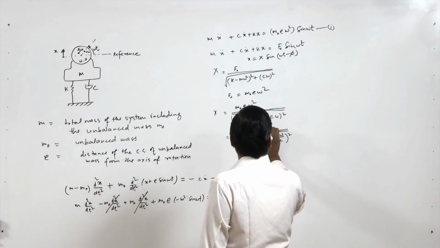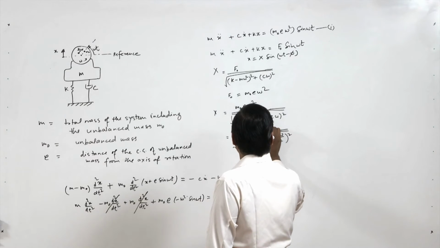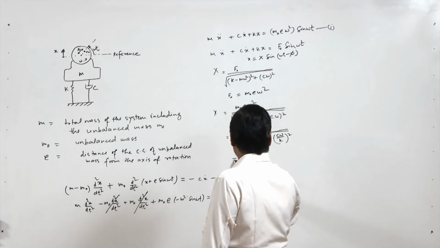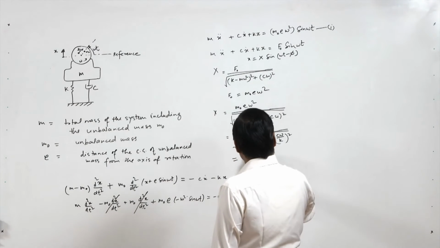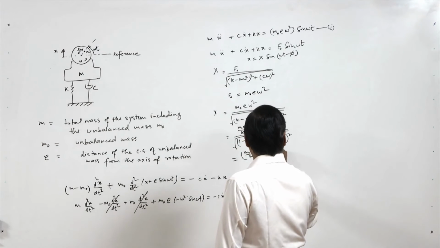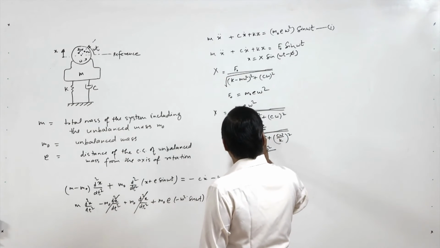Now we multiply and divide by m, so we will get m0 e by m into omega square, and k by m.